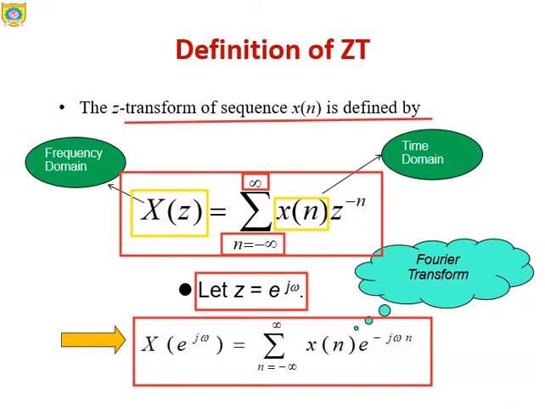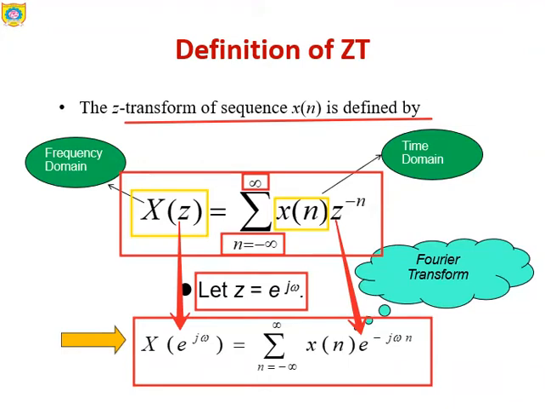So z will be replaced by e raised to j omega. Similarly here also z is equal to e raised to j omega. So the overall equation will become X of e raised to j omega is equal to summation n is equal to minus infinity to plus infinity x of n e raised to minus j omega n.